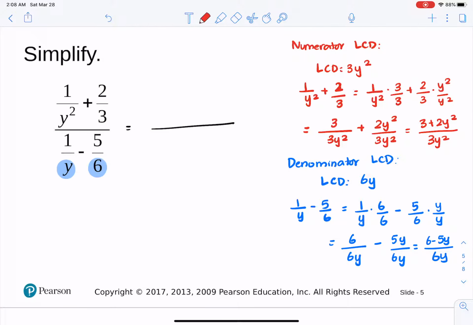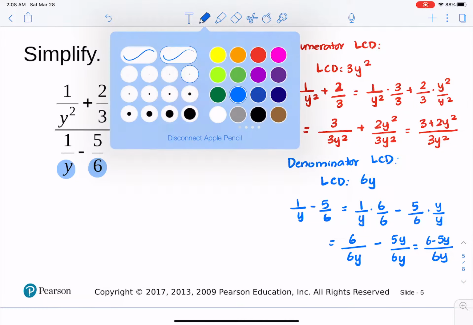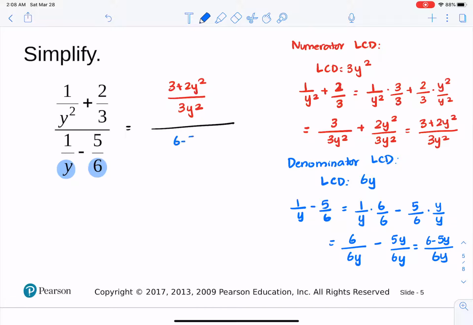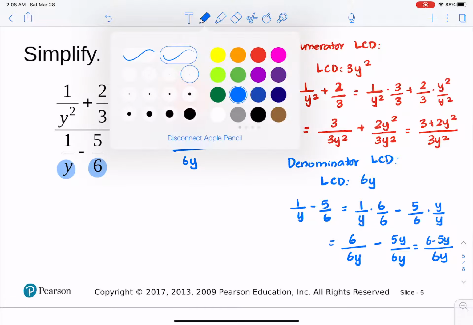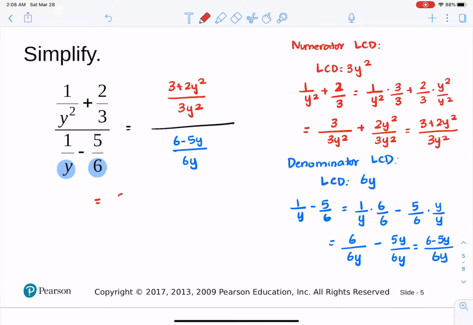So I'm going to rewrite the numerator as 3 plus 2y squared over 3y squared, and the denominator 6 minus 5y divided by 6y. We have to flip and multiply 3 plus 2y squared divided by 3y squared times 6y over 6 minus 5y.